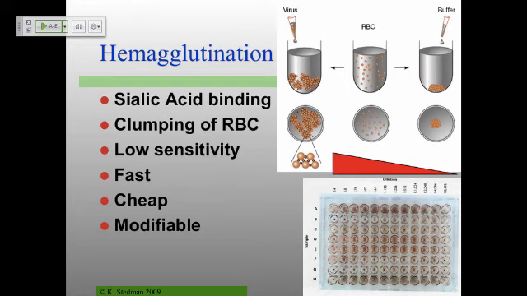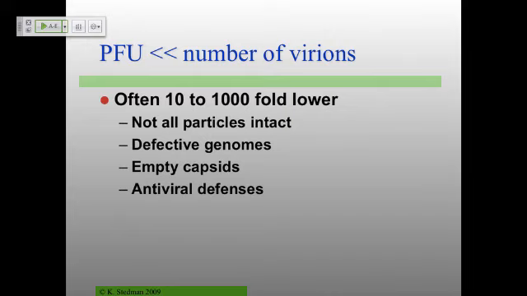So this gets back to one of the really important points about this whole virus counting business, and even true for plaque assays, and that is that the number you count is often way lower than the actual number of virions that you have in that solution that you started with. There are a couple of reasons for that. One may be that you just don't have a high enough sensitivity in your assay.